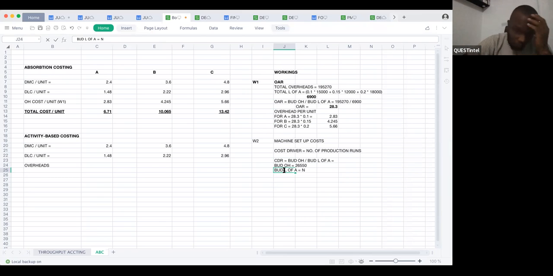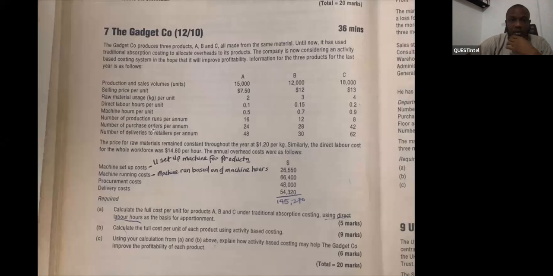That's where our work is now, for A, B, and C. Since we are using production runs, it will be 16 plus 12 plus 8.